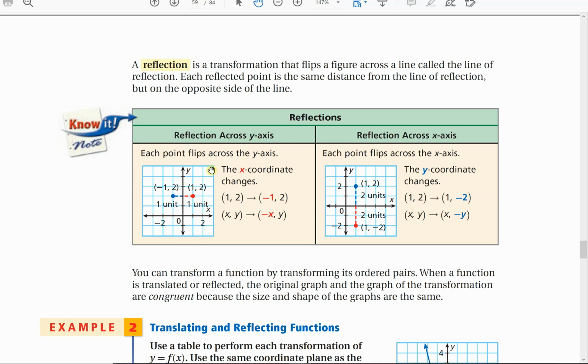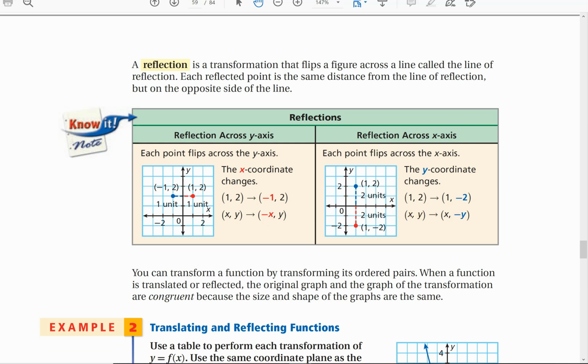The y-axis, the vertical axis, acts like a mirror. So what happens here is x changes sign. We go from positive to negative. If you are reflecting up to down, a vertical reflection, you're actually reflecting over the x-axis, the horizontal axis, and you're changing the y.